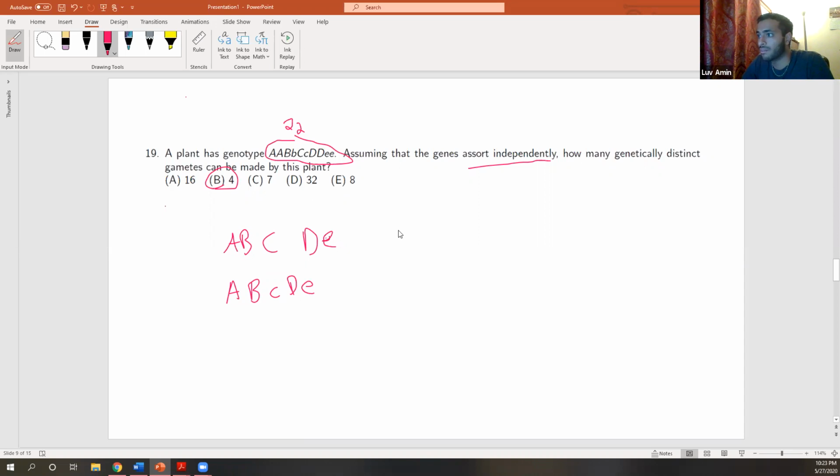Or you can have a little b, big C, or a little b, little c, right? And so if you look at it, there's no other possible combinations of these alleles right here, right? So you have 4 possible gametes, my bad. But yeah.